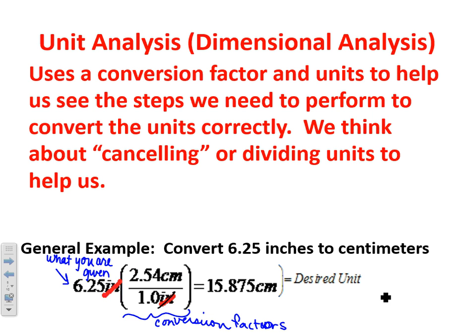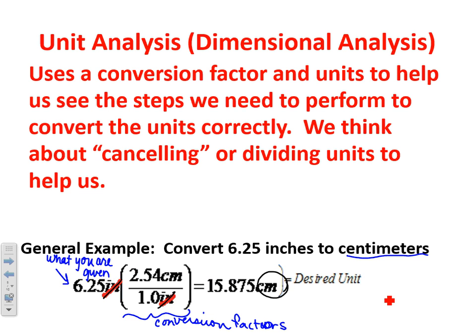We don't want the inches anymore, so they're canceling out, and what we're left with is the centimeters, the desired unit that we wanted in the problem. This is how we're going to set up every single problem that we do today. So make sure that you follow along and do the examples as I have them, as I do require you to show work for these problems.